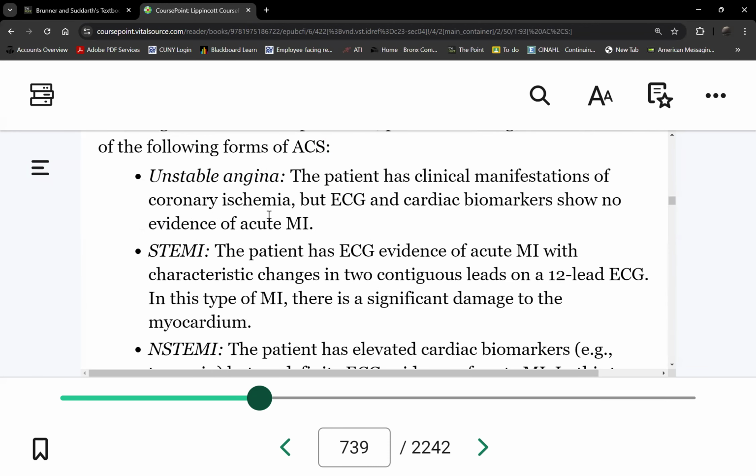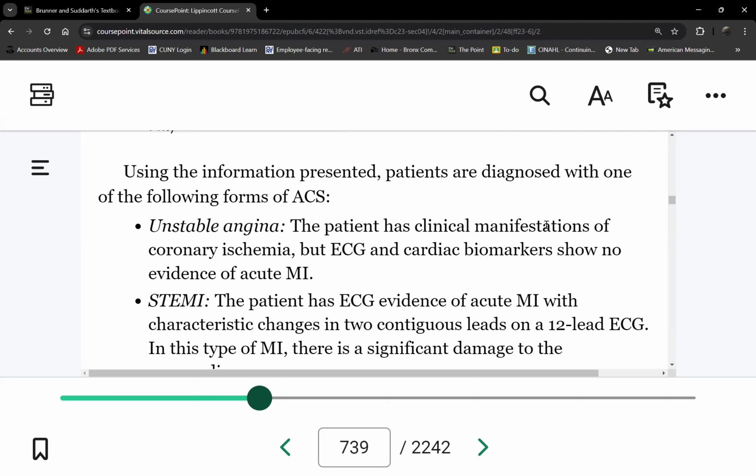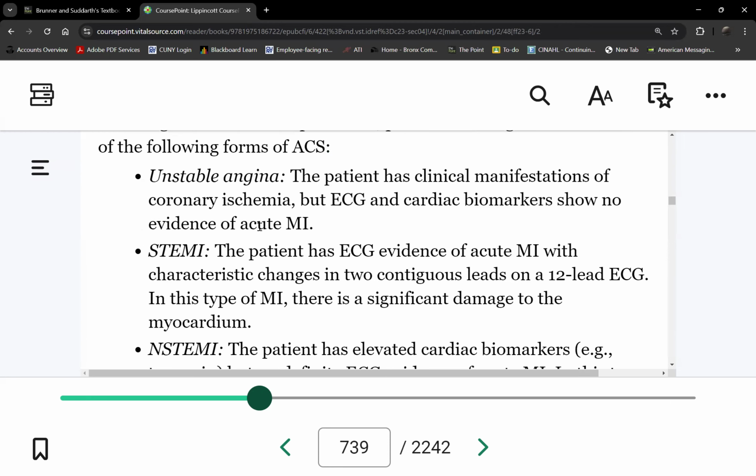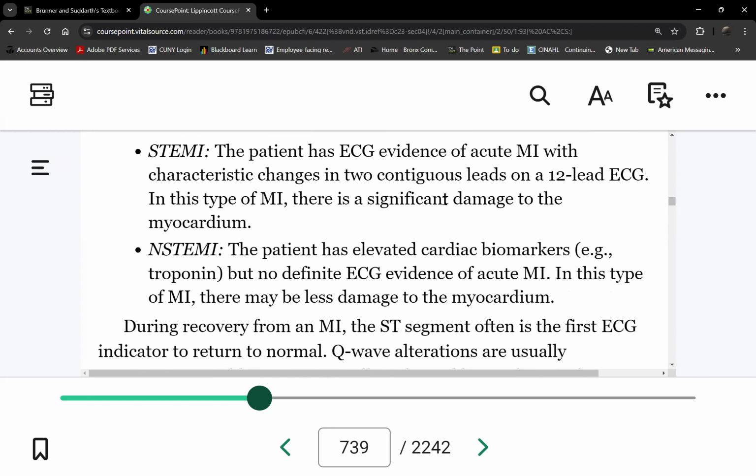So as already described, in unstable angina, will you see any ST depression or ST elevation? No. Will there be any elevation of cardiac enzymes? No, because in unstable angina, nothing died. Okay, nothing died. What about in NSTEMI?